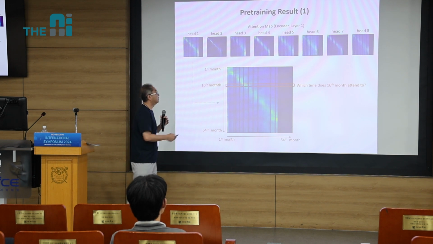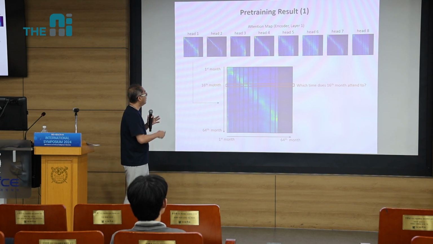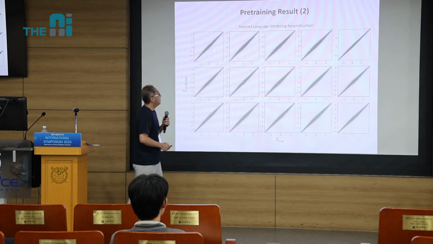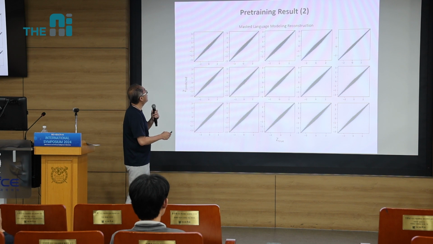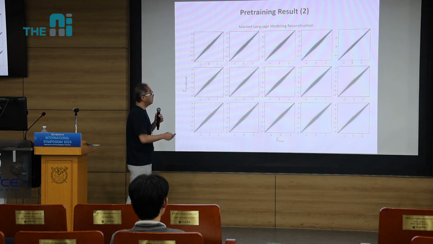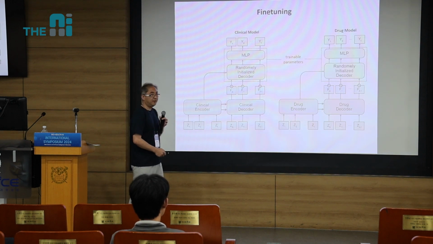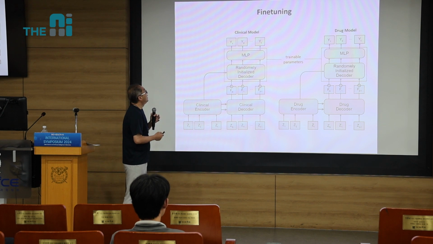That's what the pre-training attention map shows you. And if you look at the individual variable and do the decoding using the transformer, you can see the embedding is really okay.